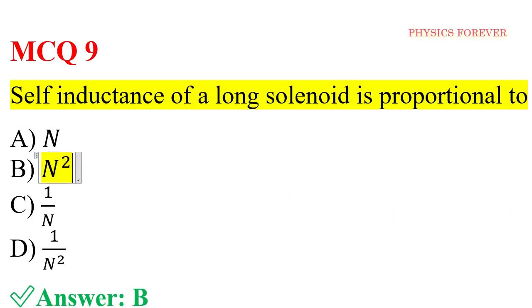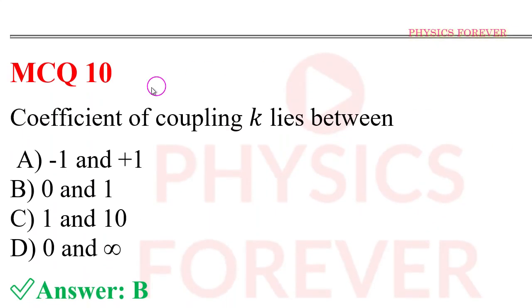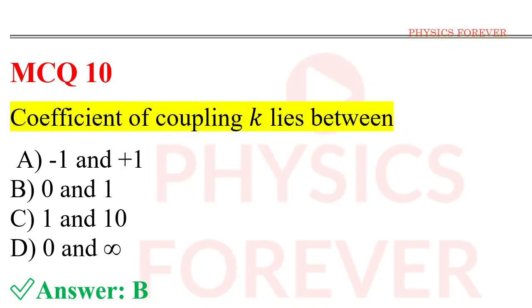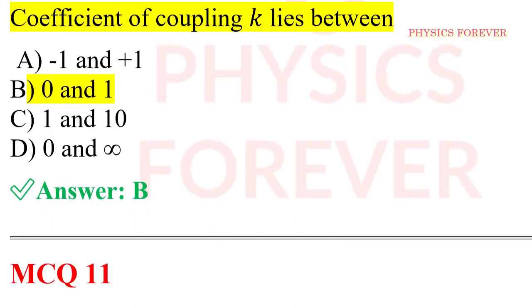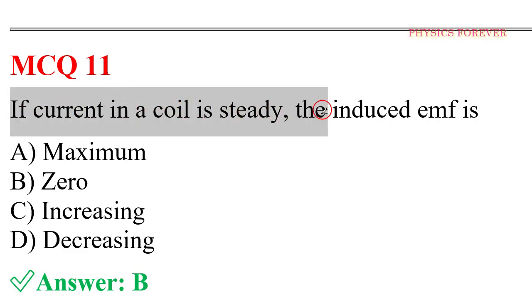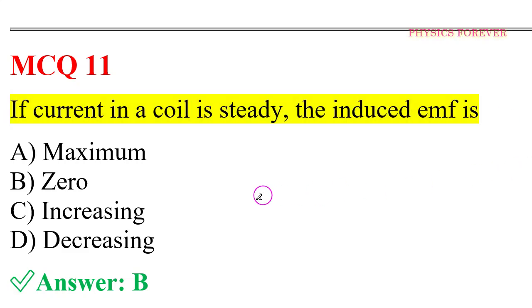We have given all of this in our notes. Question number 10: coefficient of coupling K lies between which values? Option B is correct, 0 and 1. Question number 11: if current in a coil is steady, the induced EMF is... answer B is correct.